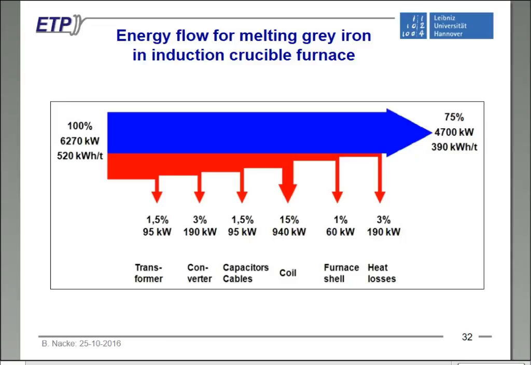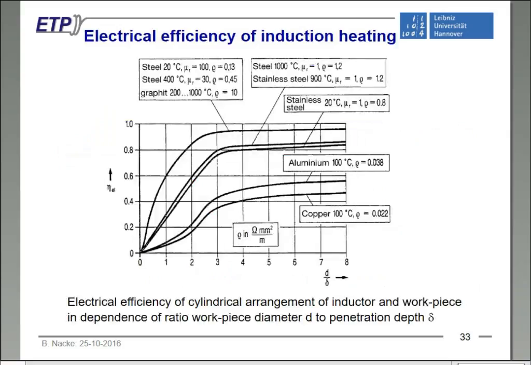So if we look now at this diagram, which you know already from the presentation of Egbert Backe before, you see that the final frequency, this is the inductor frequency, is dependent on the material we want to melt.